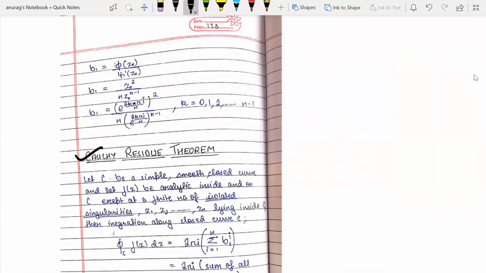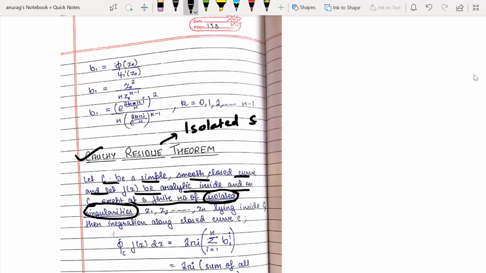So let C be a simple smooth closed curve and let f(z) be analytic inside and on C, except at a finite number of isolated singularities. This theorem is only for isolated singular points.